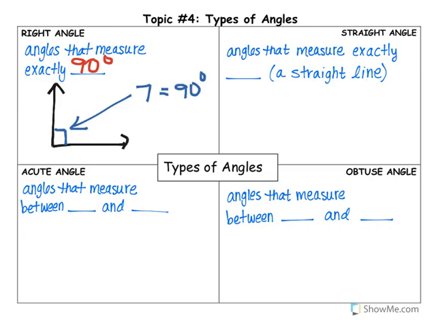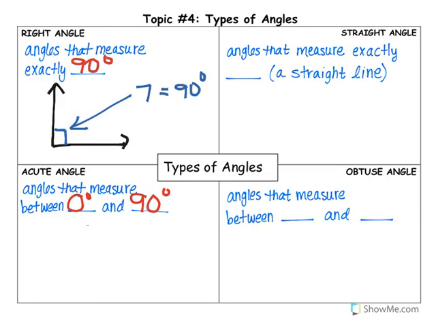Now I'm actually going to do straight angle last because I think that's the most complicated. So let's go down to acute angle. Acute angles are angles that measure between 0 degrees and 90 degrees. Okay? Any number between 0 and 90 works, but it can't equal either of those.